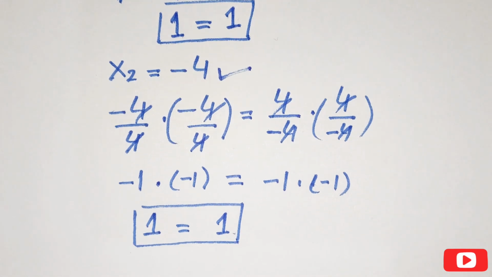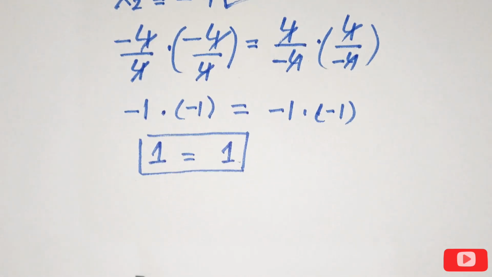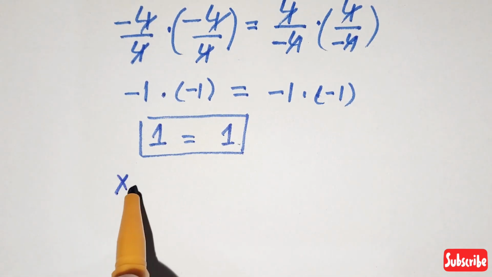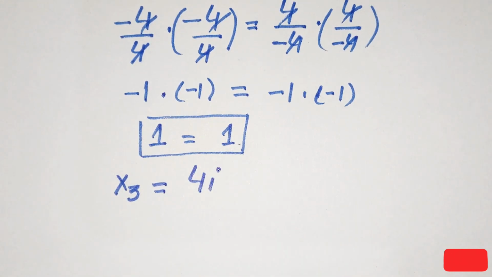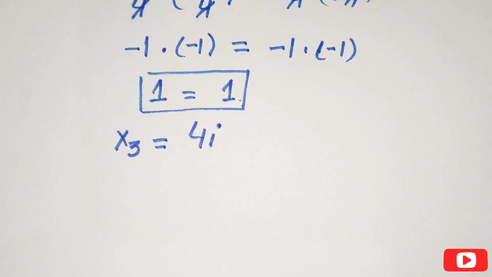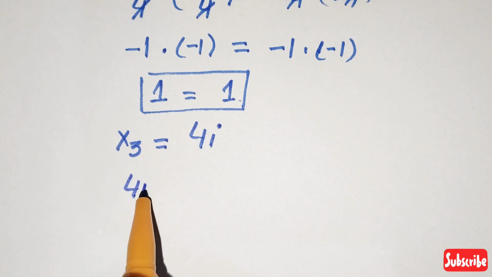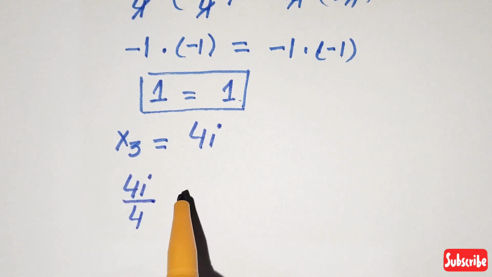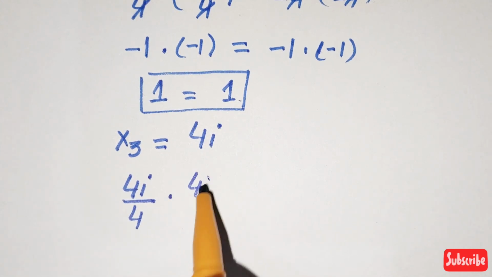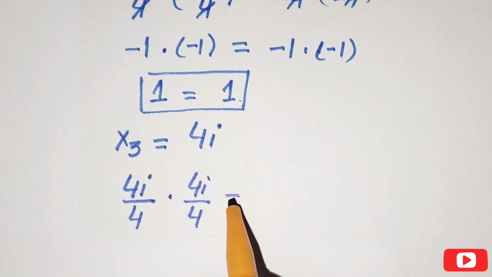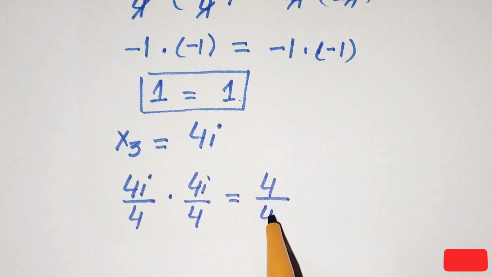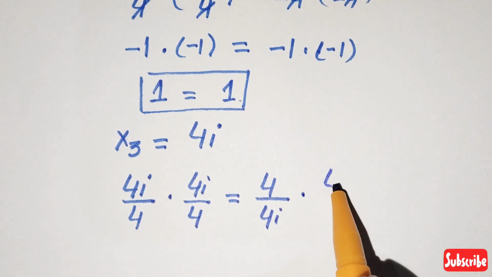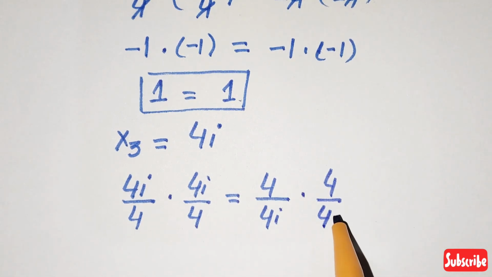Hence we write another value of x, which is x3 is equal to 4i. For this purpose we take our problem, x divided by 4. It means 4i divided by 4 times 4i divided by 4 is equal to 4 divided by 4i times 4 divided by 4i.